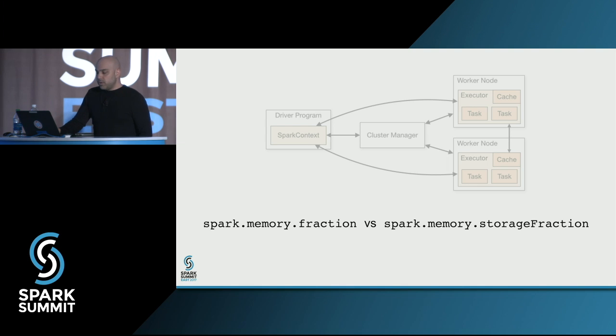You want that because you don't want to have full-cycle GCs often, because cached RDDs and other data from your execution, like shuffle results or aggregations, are usually long-lived objects, and you want them in the old generation space.